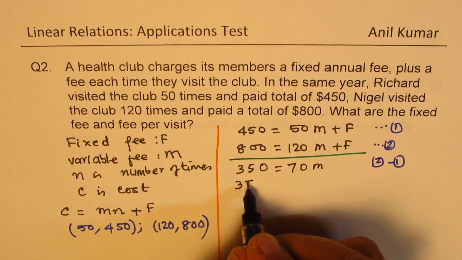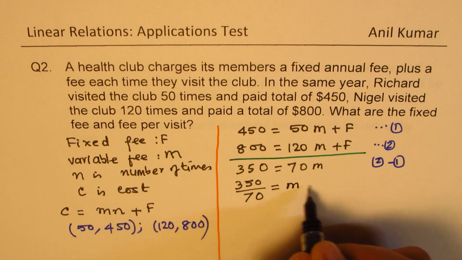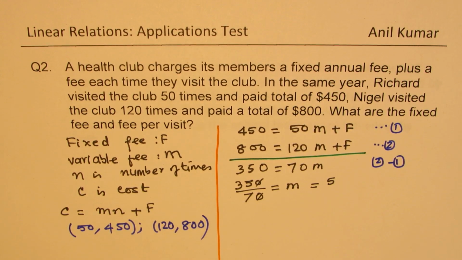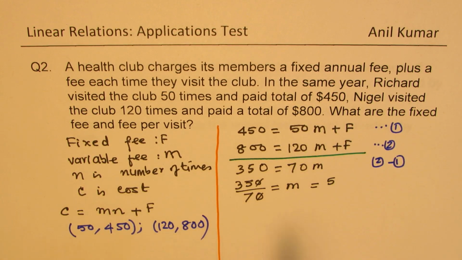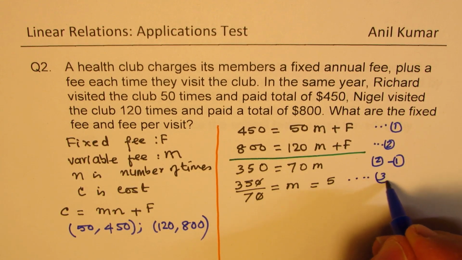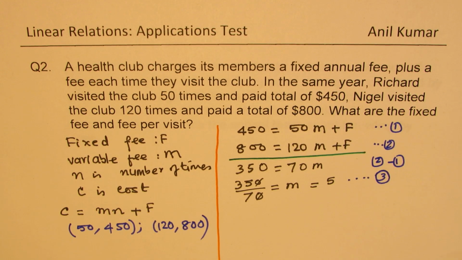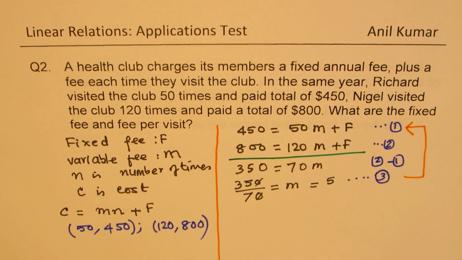So 350 divided by 70 gives you the value of m, which is 5. So we know m is 5. Now when you substitute 5 here, you can find the value of f, right? So we'll call this our equation number 3, and we'll substitute 3 in one of our equations. Let it be equation 1, right?